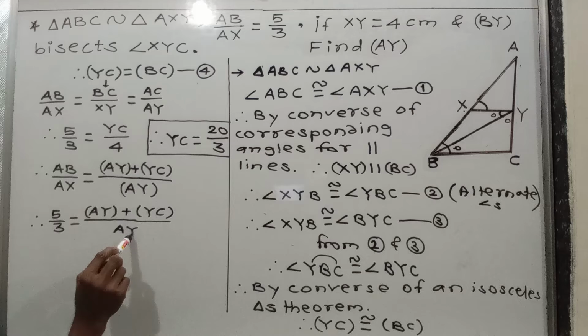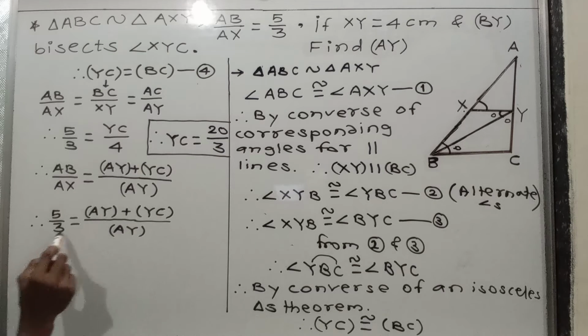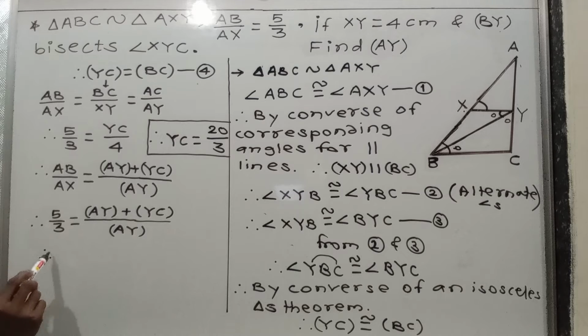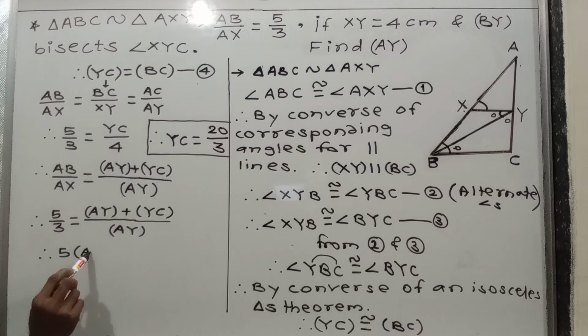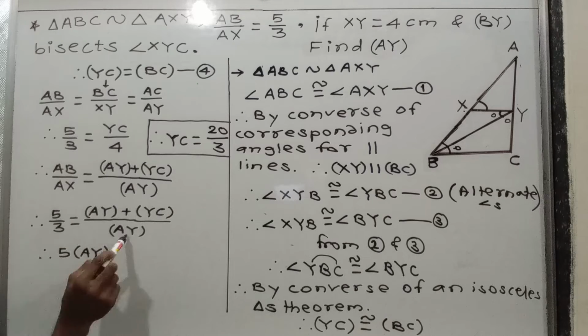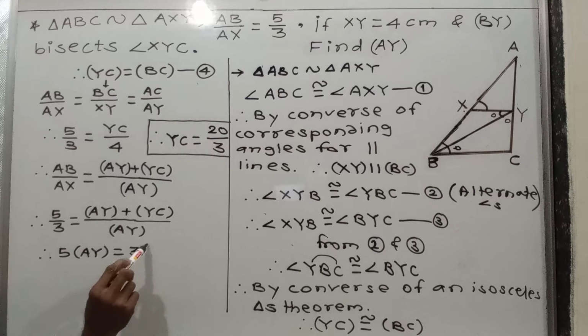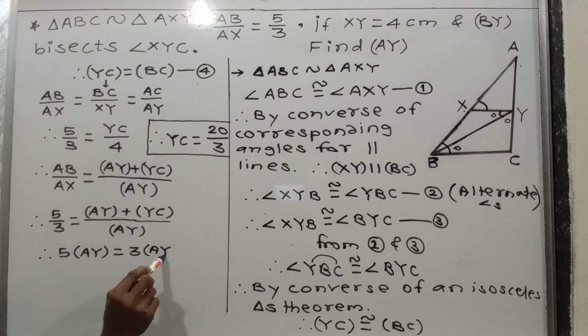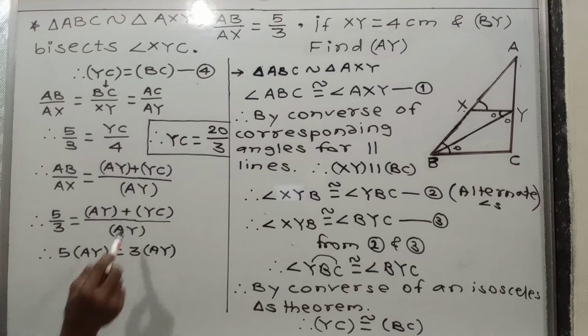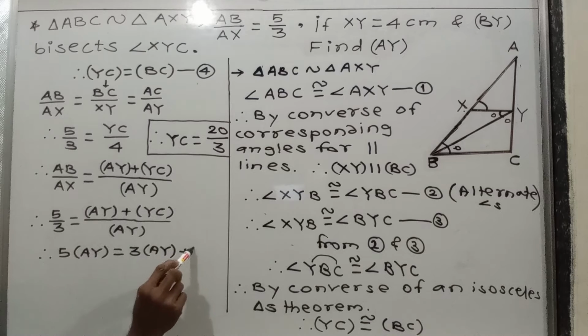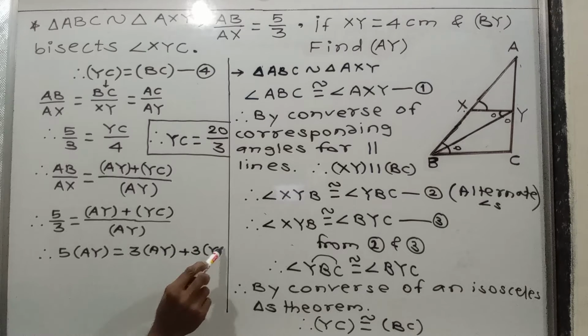I will show you a simple method: cross multiplication. Therefore, 5 AY is equal to 3 AY plus 3 YC.